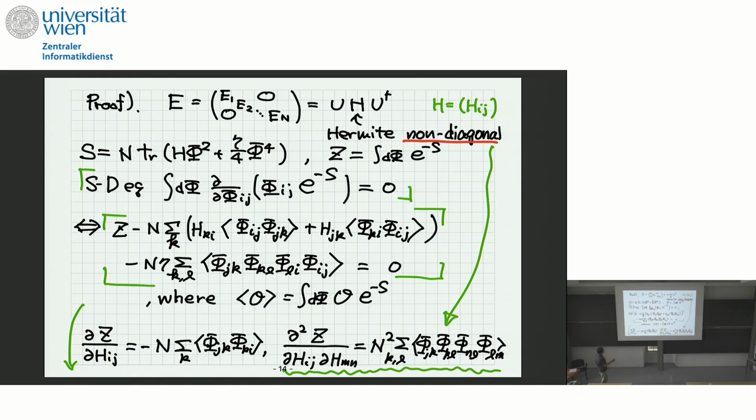So if this differential operator acts on this phi ij, then it gives the partition function. And if this operator acts on the kinetic term, then it gives the 2-point function. Bracket O is defined by this.